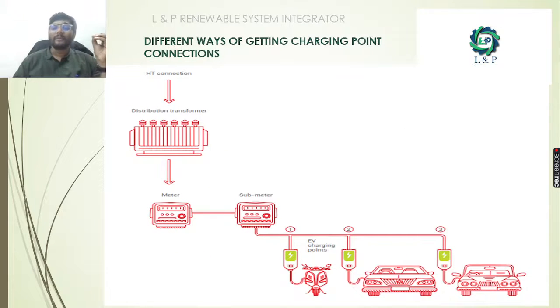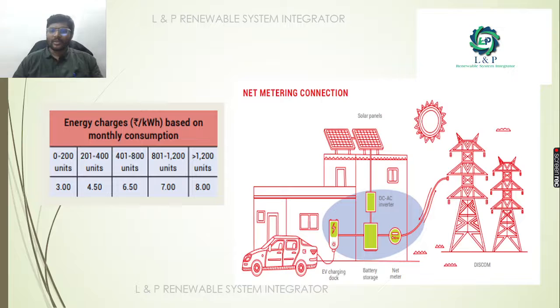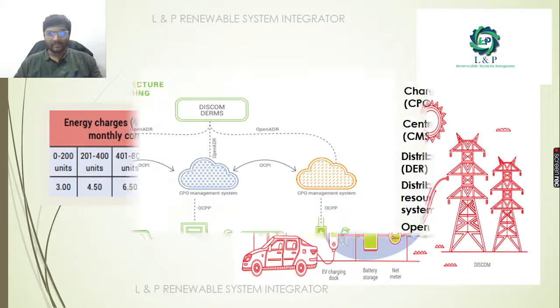Even with a high tension line, by connecting a meter and a sub-meter, we can charge our vehicles by providing different charging port provisions. As we know earlier, we need a net meter connection if we're going for solar, and the unit charge will be different when the number of units increases.